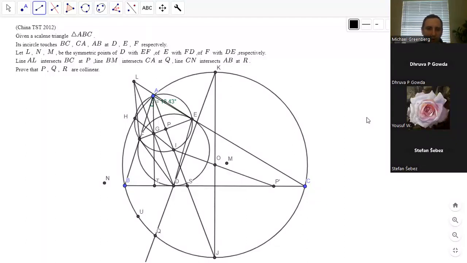So we would need the intersection of AD and EF.